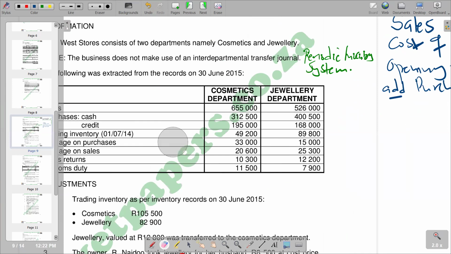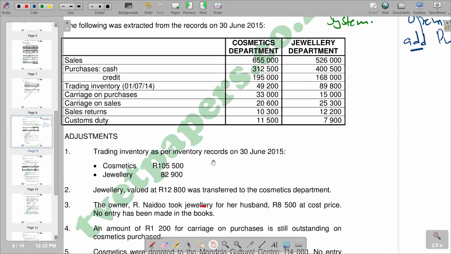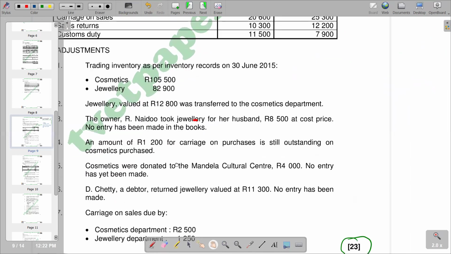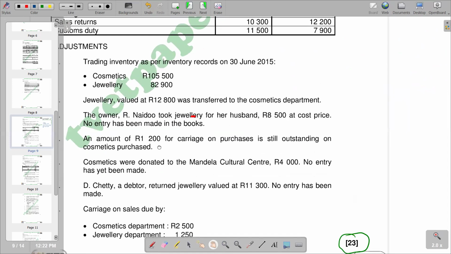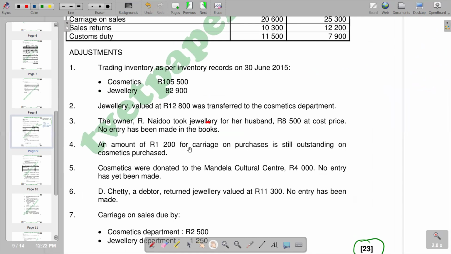So going to our question, we see that we have carriage on purchases 33,000 for cosmetics, and see if there's any adjustment affecting carriage on purchases on cosmetics. We go to item 4. An amount of 1,200 rand for carriage on purchases is still outstanding. So we need to add this one as it is still outstanding on cosmetics purchases.